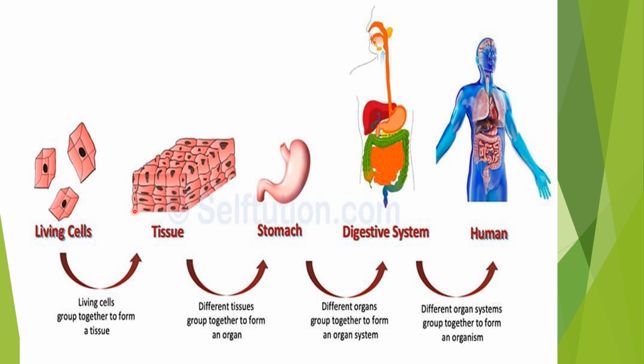Also, a group of tissues make up an organ, which here, for example, is the stomach, because it's one of the organs that we have in our digestive system. Also, a group of organs in one system make up an organ system. Thus, many organ systems make up a human body or an organism.